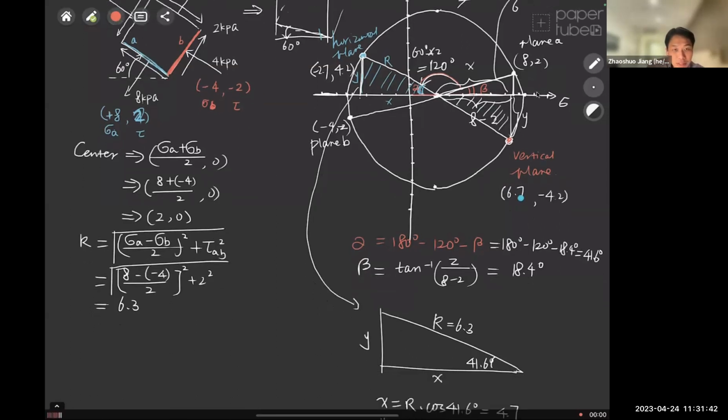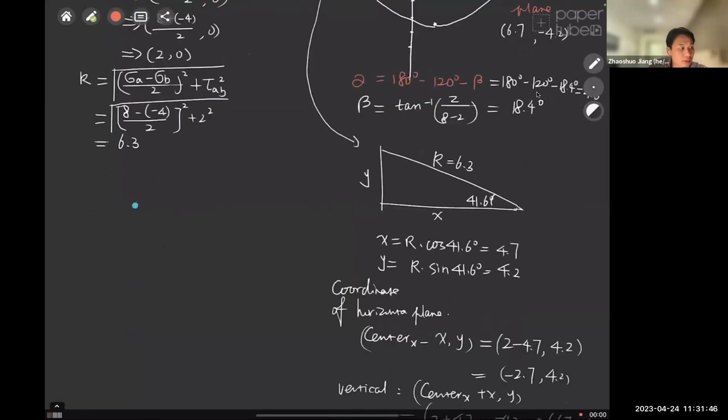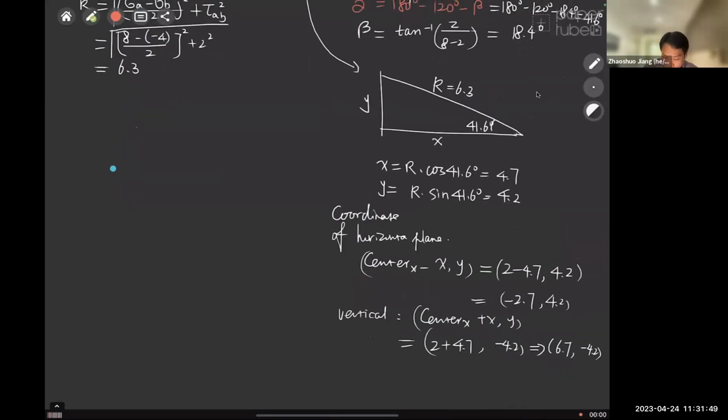With that said, now we can go back to our small cube. Let me go down so that we can look at the coordinates here. If we look at the small cube at its original position, we identify the horizontal plane. The coordinate is negative 2.7 and 4.2. Negative 2.7 means that we have compression normal stress, right? So therefore, that is a 2.7. Given the equilibrium, we have to have the 2.7 on top, pointing in the opposite direction.